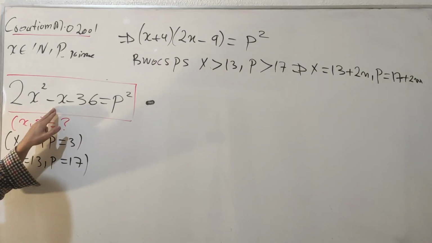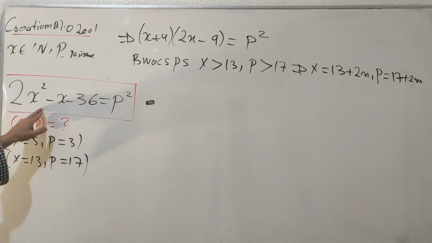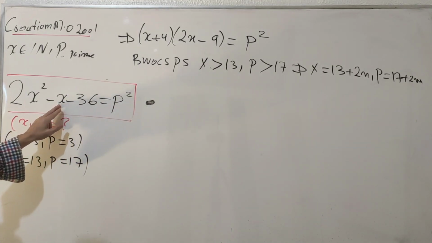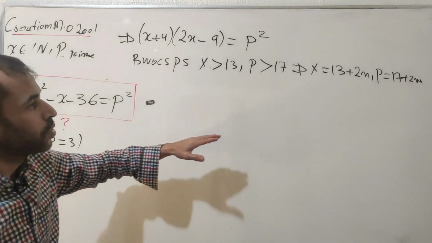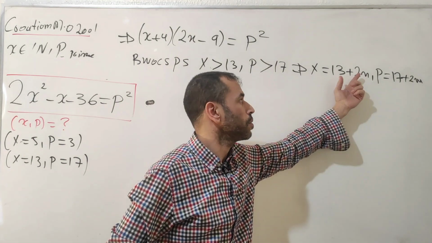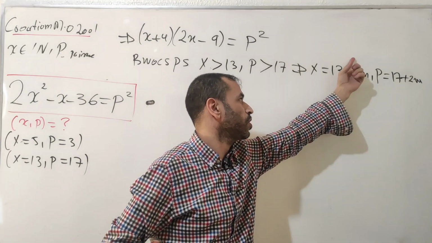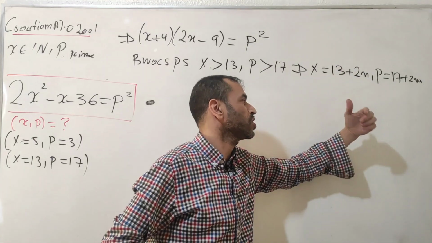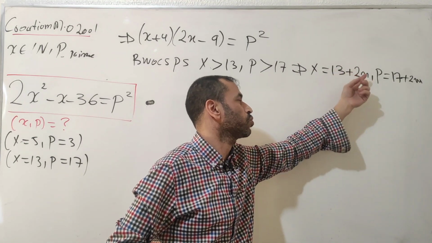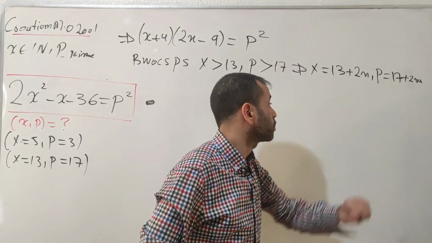Okay, we know x is odd by previous arguments. So x must be odd as well. If x is odd, we keep the oddness by adding the even term. Regardless, x equals 14 is not going to be a solution, so we are going to consider this one in this form, as well as this one.